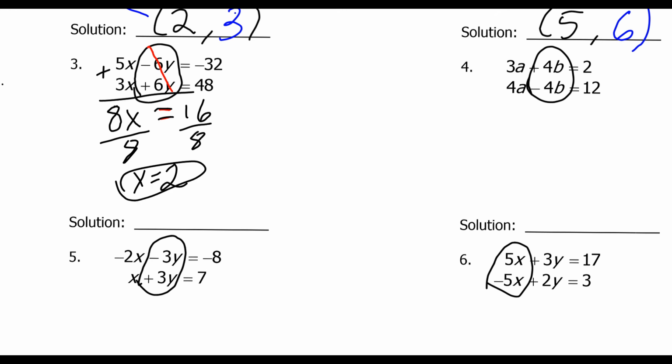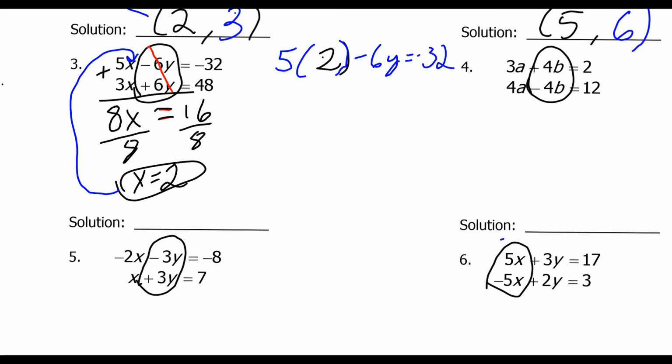So now we're going to take this x, and plug it back in at the top. This is where all of y'all's solving skills are going to come in real handy. So we got 5 on the outside of 2, minus 6y equals negative 32. As y'all know, 5 times 2 is 10.